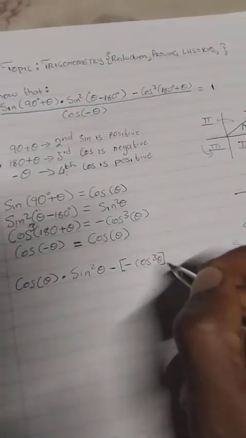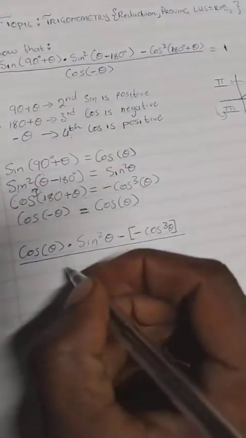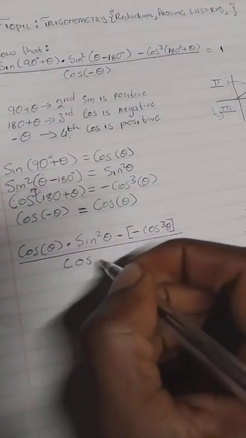Do you see it? Am I wrong on the numerator? And all of that is going to be over cos theta. Am I wrong? And we told her it's going to be equal to 1.